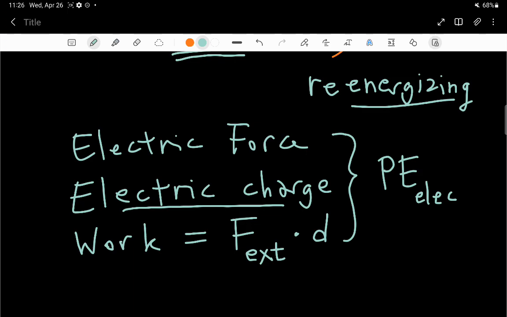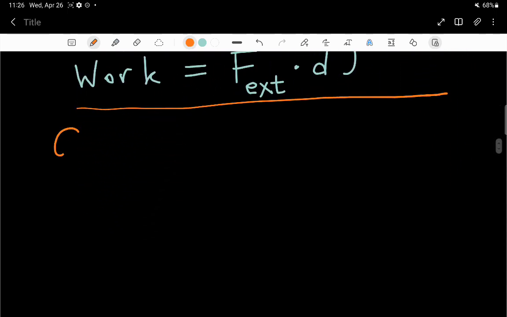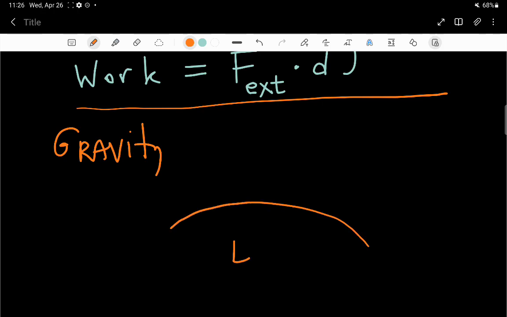Okay, so as an aside, or to get us ready, let's remember how it works out in the gravity picture, or when you're thinking about gravitational interaction. So here is, for example, let's say this is the Earth, and there is a box on the Earth, right? Some sort of massive box.